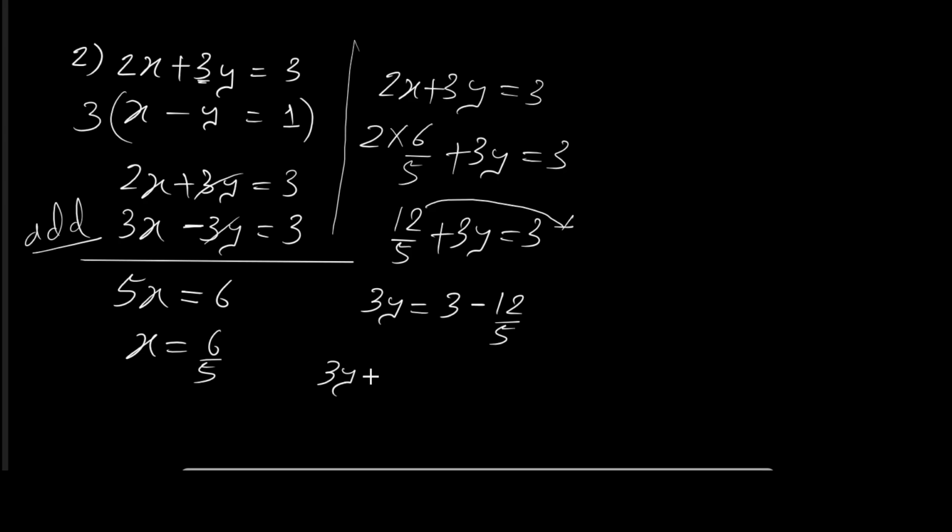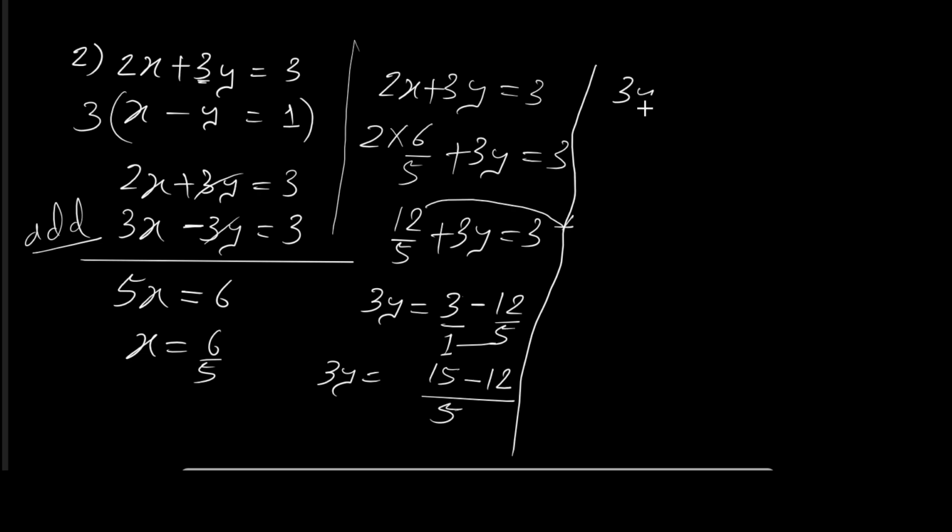So 3y equals, I'm going to put 1 in the denominator of this 3. So let's subtract this fraction. So I'm going to multiply this 1 by 5, which will give us 5, this 5 by 3, which will give us 15, minus this 12 over 1, which will give us 12. So 3y equals 15 minus 12 over 5, which gives us 3 over 5.